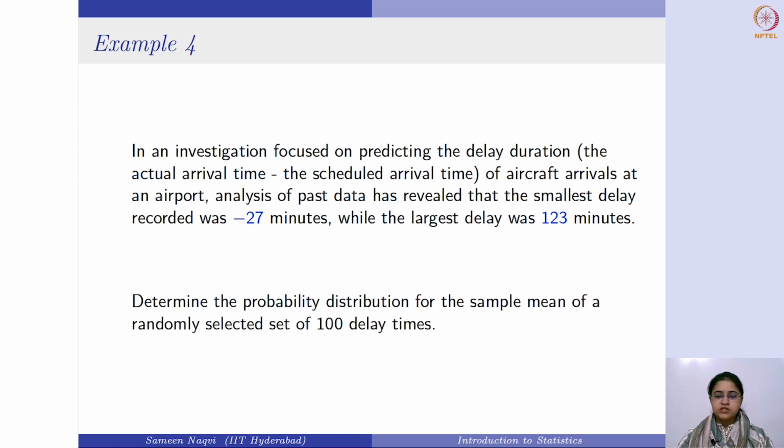Determine the probability distribution for the sample mean of a randomly selected set of 100 delay times. Again, you have to find the probability distribution for the sample mean, and the sample size here is 100, and the delay is uniformly distributed from -27 to 123. So the delay can be anywhere in between this. Let us solve it.